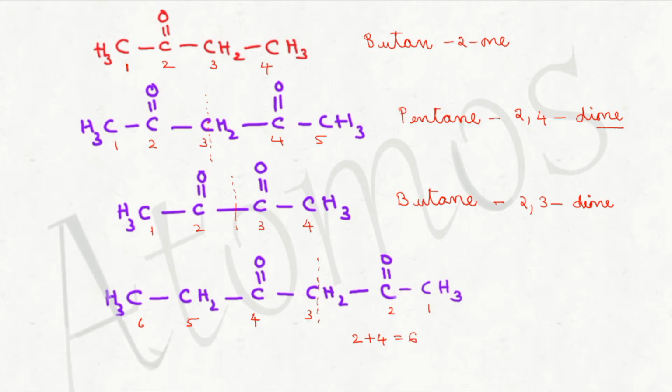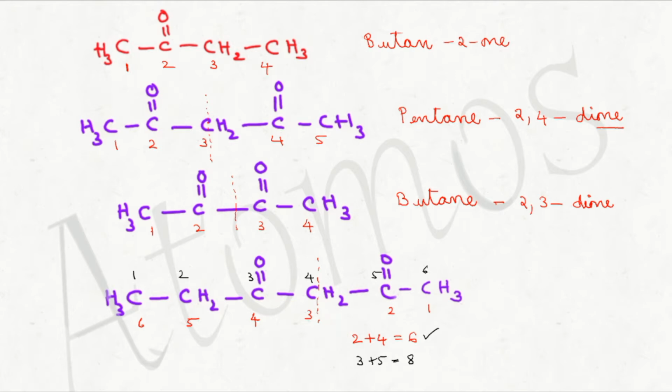Now we give the numbers from left to right: 1, 2, 3, 4, 5 and then 6. Now the functional group attached carbon atoms get the numbers 3 and 5. Take the sum: 3 plus 5 is equal to 8. Which one is the least number? 6 only. So which numbering is correct, red or black? Red numbering is correct.